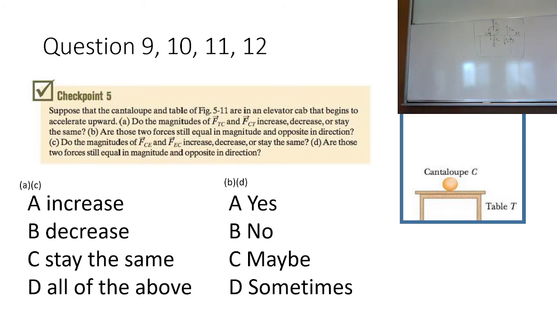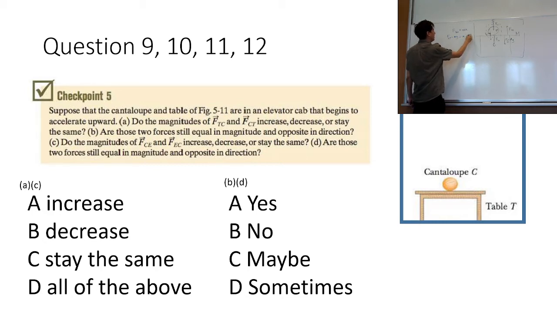Okay, if we just look at this subsystem here and apply Newton's laws to it, basically what we'd be saying is that F total is ma, and so FCT minus mg is equal to ma.